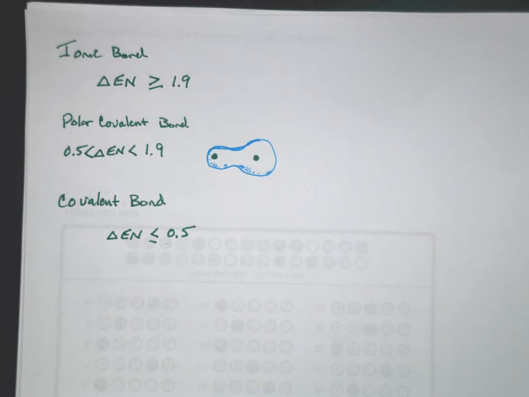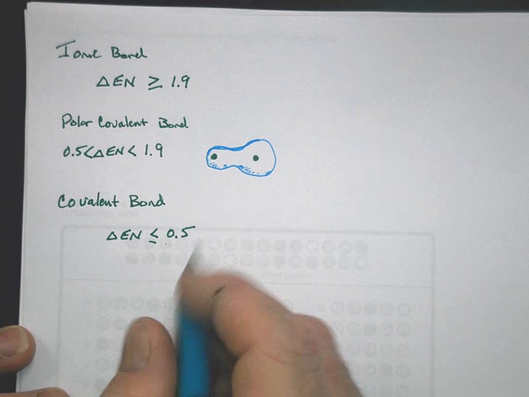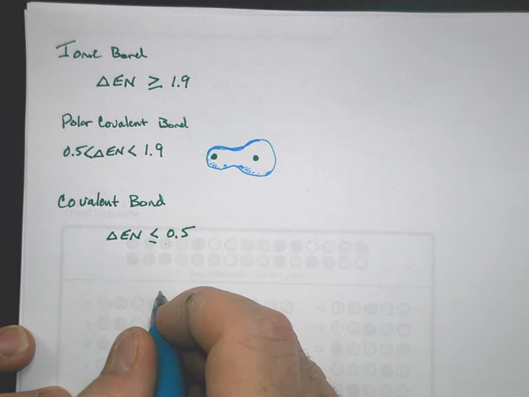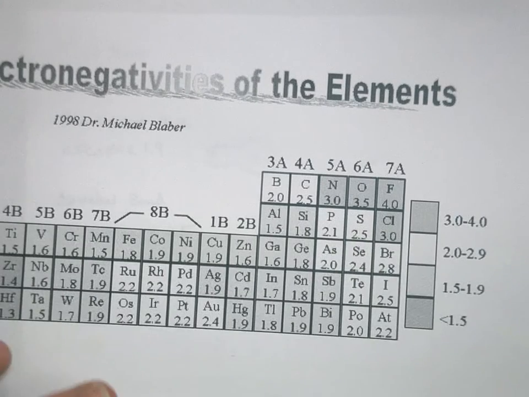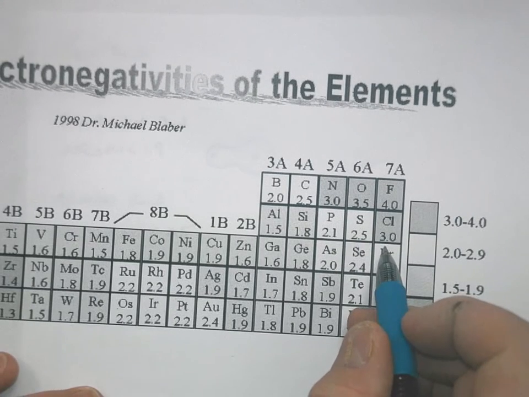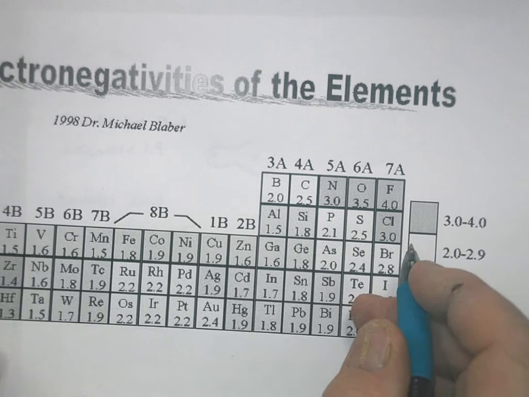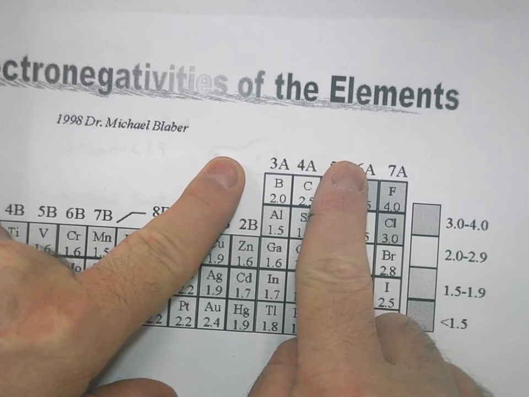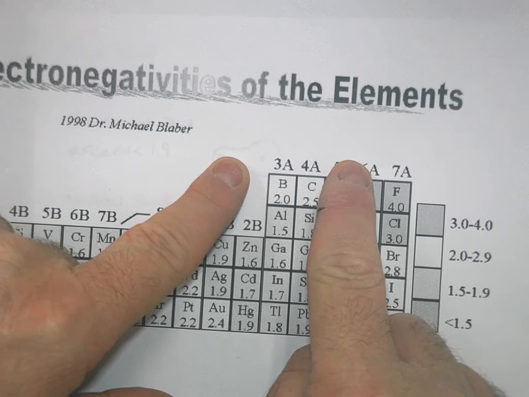The example I'll give you is chlorine, which is 3.0. Two atoms of chlorine: here's a 3.0, and here's a 3.0. The difference between them is 0.